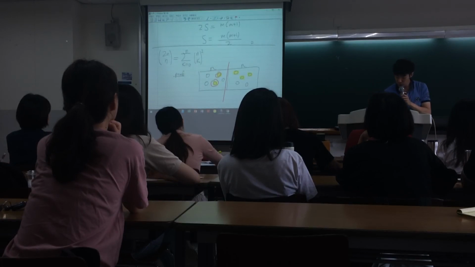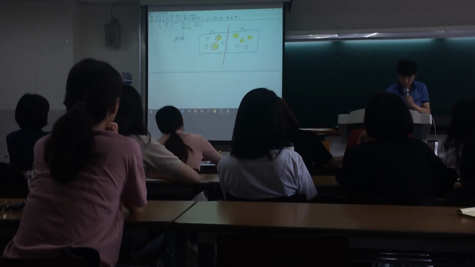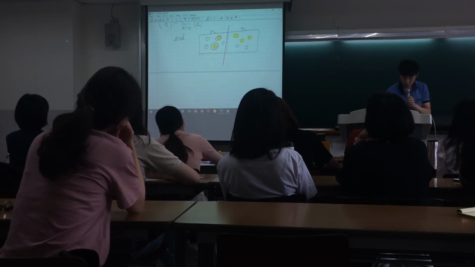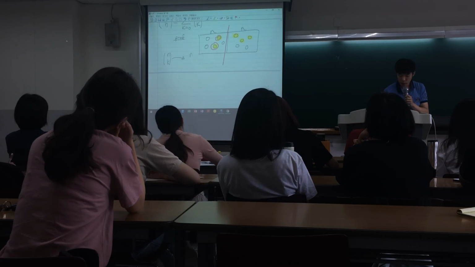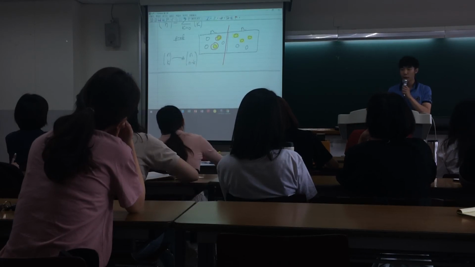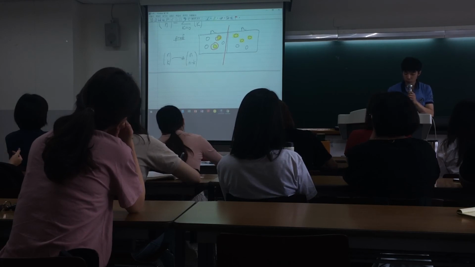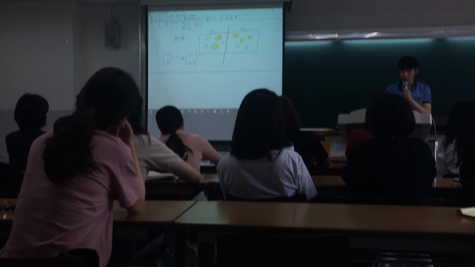And therefore, every time that I have n choose k from my half, I will know that n minus k got chosen from the other half. And therefore, if I multiply the 2 together, then I will have the number of ways that I am choosing k people in total.